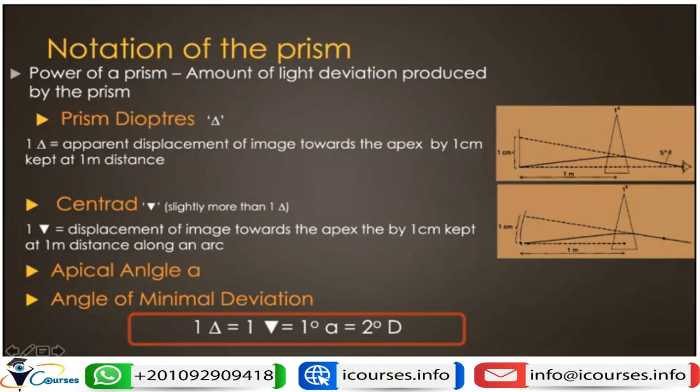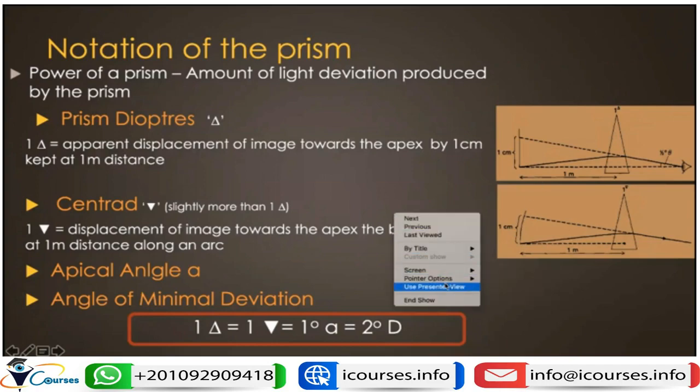Again, if we place an object at a distance of 1 meter, and this object emits light rays through the prism which has a power of 1 centrad, and then it reaches the eye, then we can see the image of this object displaced about 1 centimeter again, but it is not along a straight line, it will be along an arc.